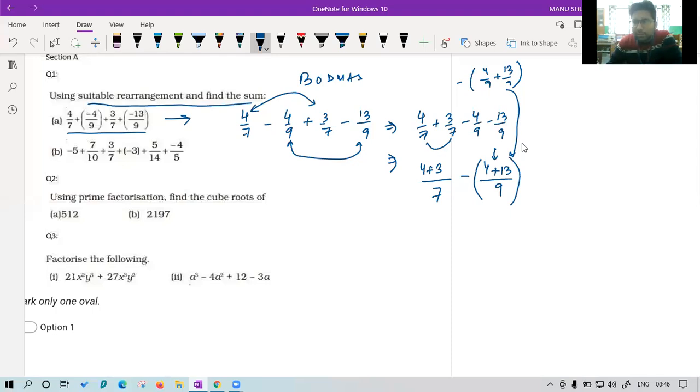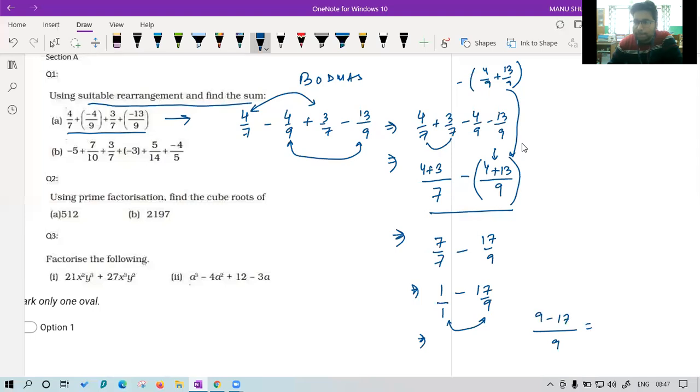Now, tell me, class, now what should we do? After simplifying, it becomes 7 upon 7 minus 13 plus 4 is 17 upon 9. So it becomes 1, 7 upon 7 minus 17 upon 9. Tell me the final fraction or final LCM will be what? LCM of 1 and 9 will be 9 only. And we will have 9 minus 17.